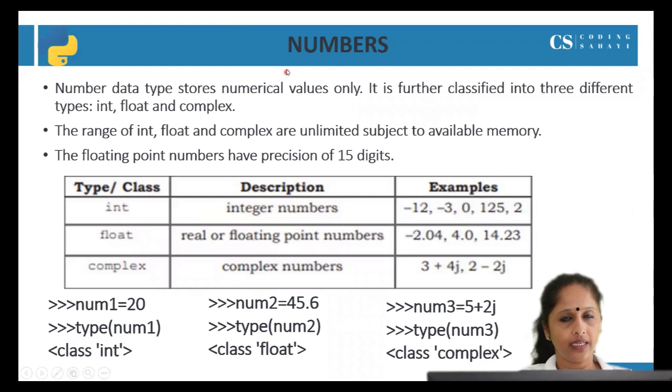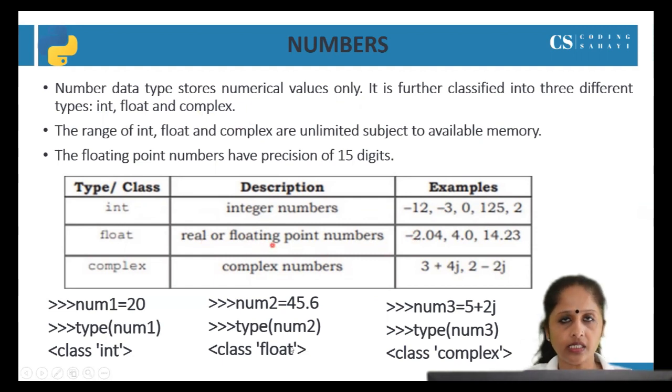So the first category is numbers. Under numbers we have the data types int, float and complex. Int means integer numbers. Float means real or floating point numbers.